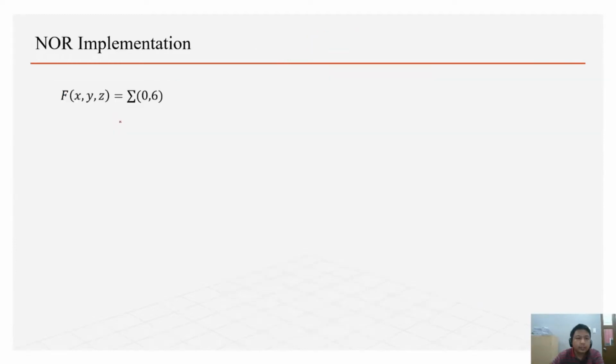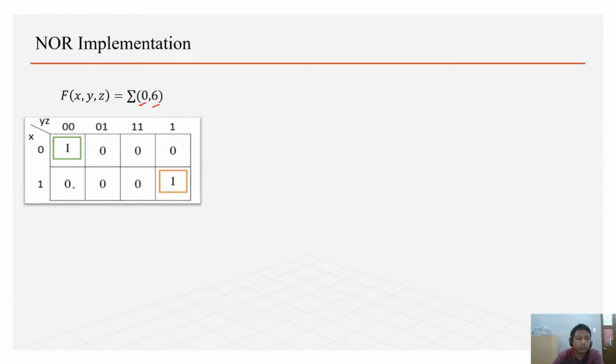We have here the next example for NOR implementation. We have here the function of x, y, and z, the summation 0 and 6. So the first thing that we need to do is to get the function for f. We do the corner mapping, or we can just recall, since this is minterm 0 and we have here minterm 6. So the function of which is x prime, y prime, z prime plus x, y, and z prime.